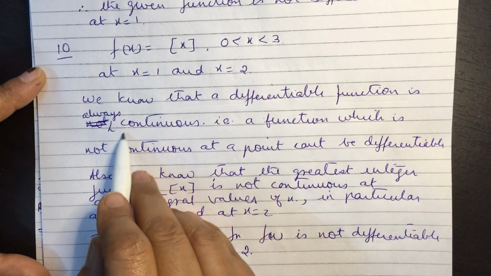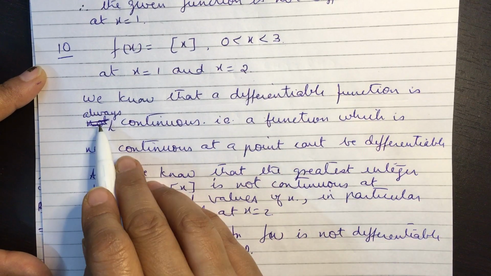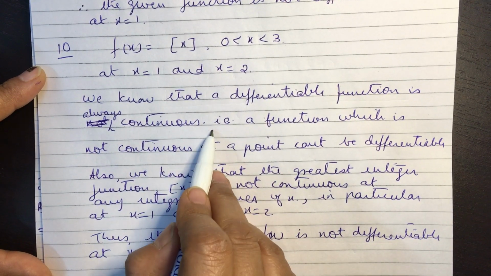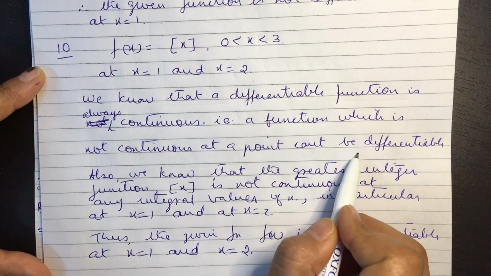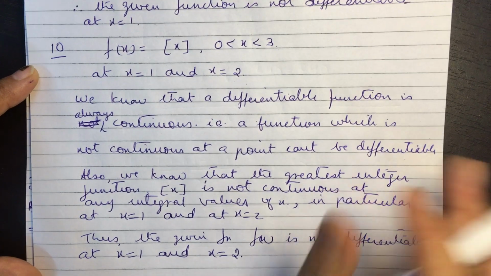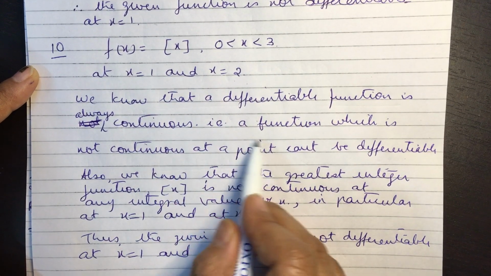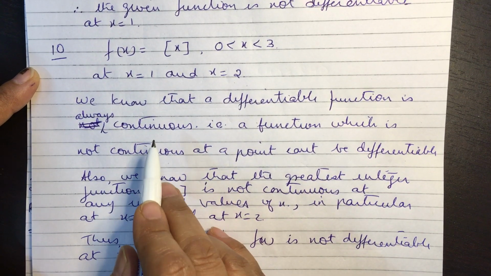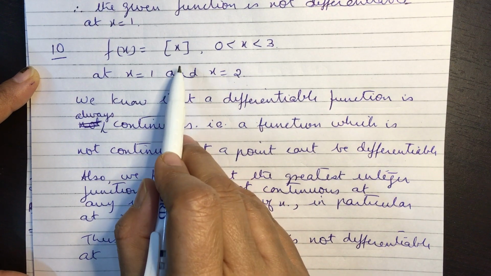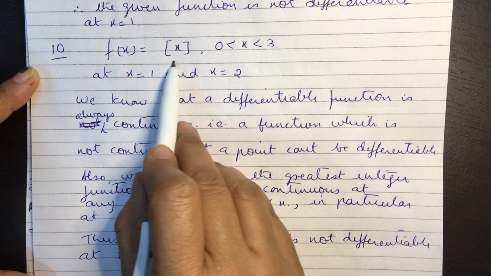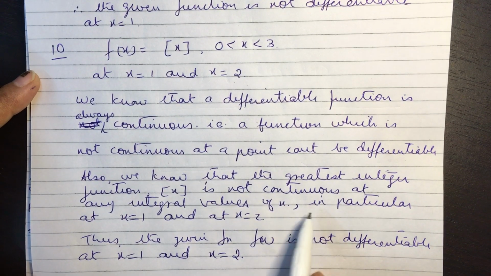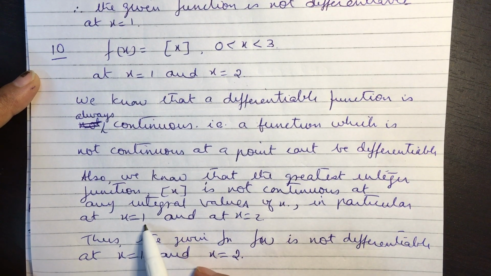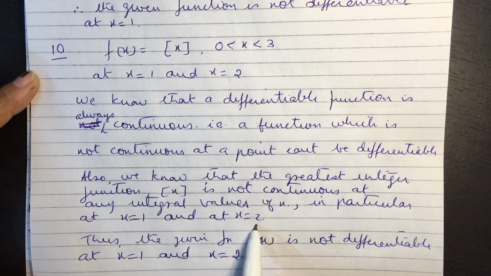Now, we know that a differentiable function is always continuous, that is, a function which is not continuous at a point can't be differentiable. So, such kind of questions can be done using continuity, because we know that the greatest integer function is not continuous at any of the integral values of x, and in particular at x equal to 1 and x equal to 2.